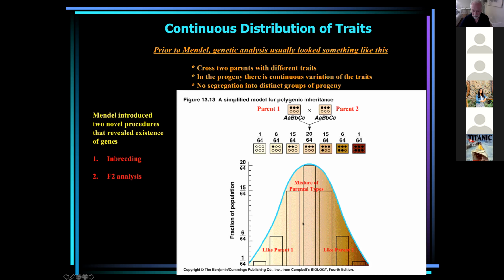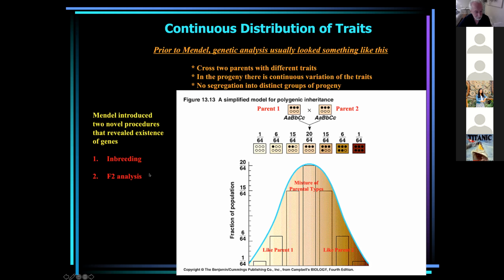But in between, it's a mixture of parental types. So instead of getting discrete phenotypes, you get a smear of traits going from like one parent all the way to like the other parent. Nobody could make any sense of this. This was just the way biology worked until Mendel.